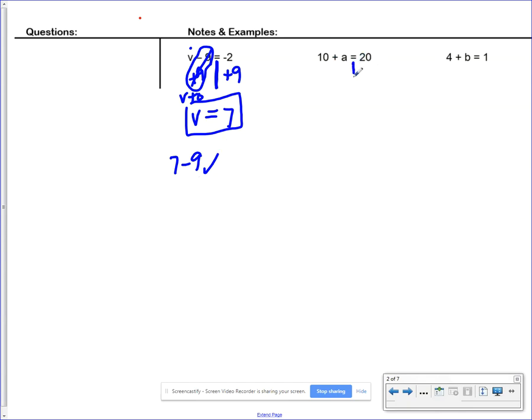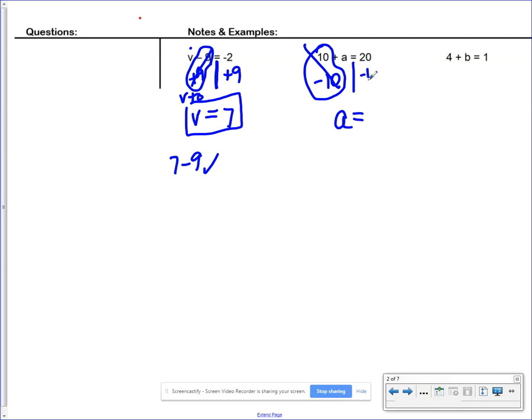Here we go. I always want you to draw a short line under the equal sign. Here's my variable. Right now, I've got this positive 10 sitting here that's being added. I want to get rid of it. Subtract 10 because, yay, hooray, that goes away. And I got my goal. A is by itself.